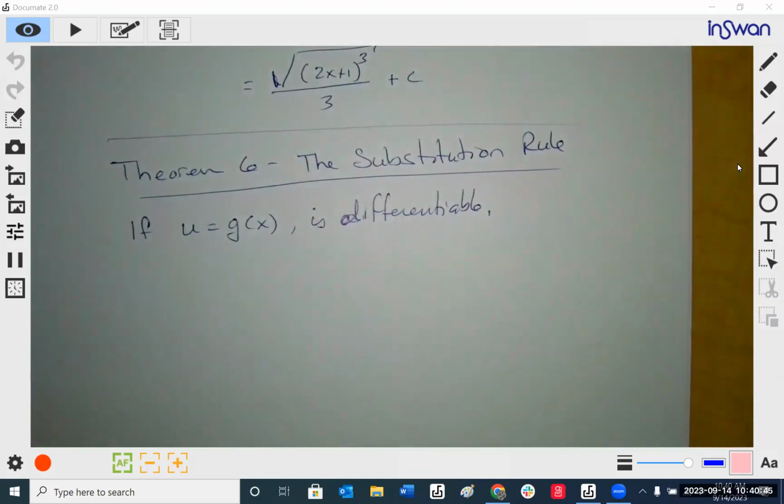What does differentiable mean? You can find the derivative. Why is that important? This goes back to calculus 1. Differentiable means you can find the derivative of it.